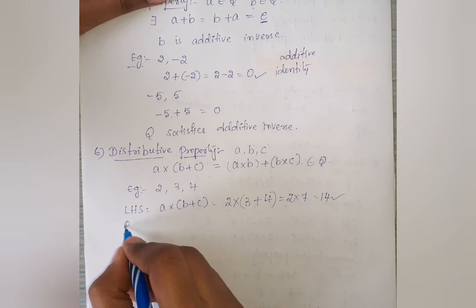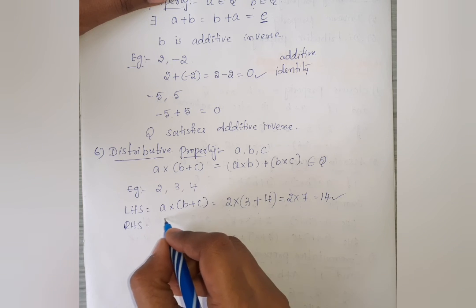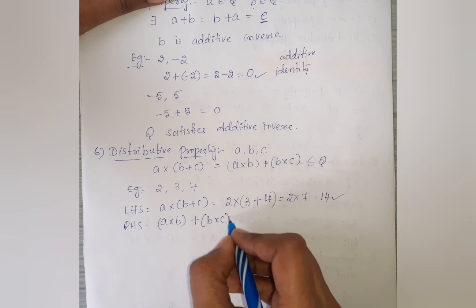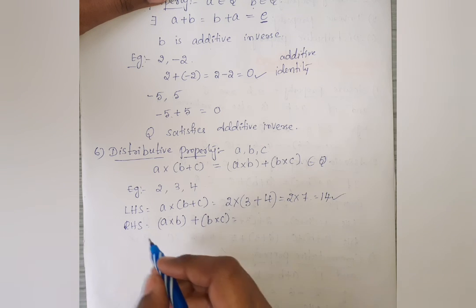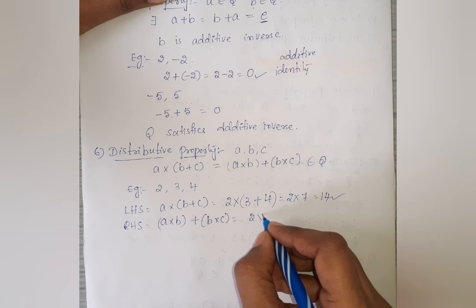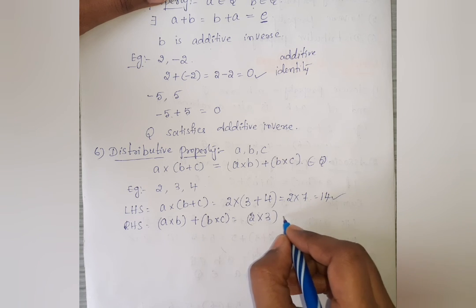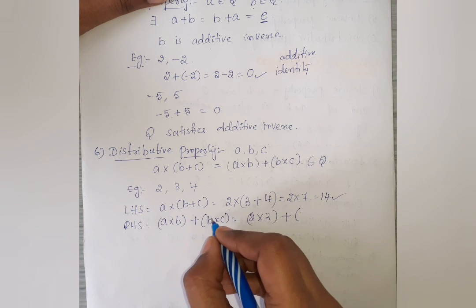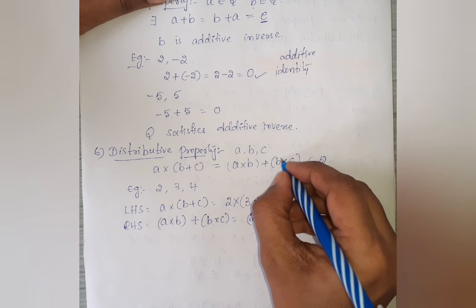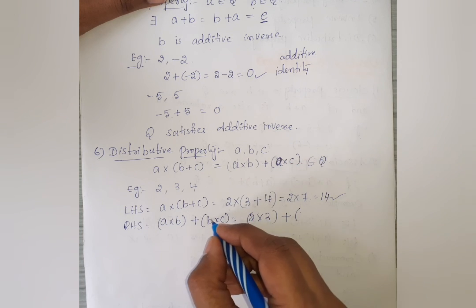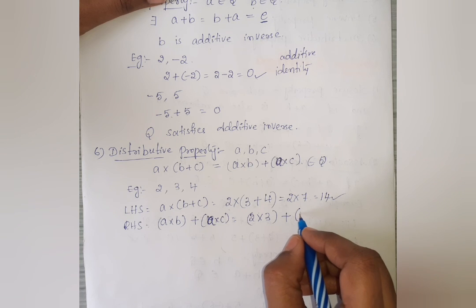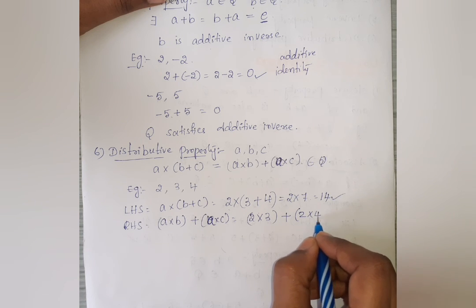Now let us take the RHS. So a into b plus a into c. I have taken a as 2 into b as 3 plus a, I'm sorry for the mistake, a which is 2 into 4.